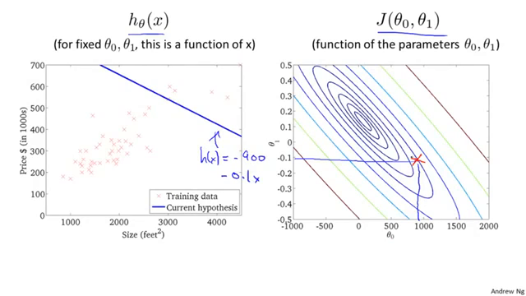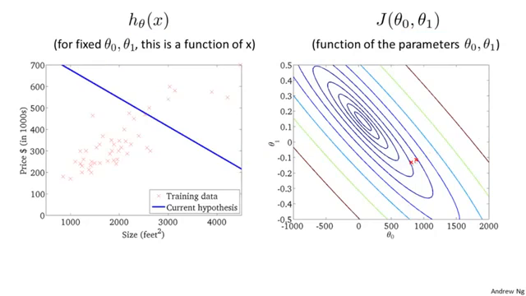Now, if we take one step of gradient descent, we end up going from this point out here a little bit down and left, to that second point over there. And you notice that my line changed a little bit. As I take another step of gradient descent, my line on the left will change, and I've also moved to a new point in the cost function.